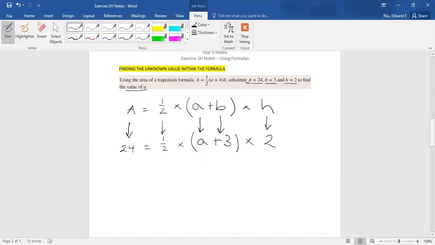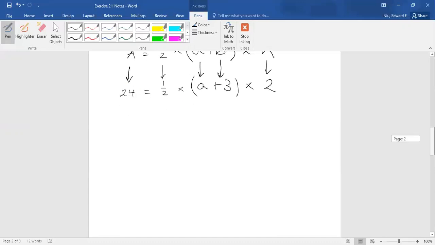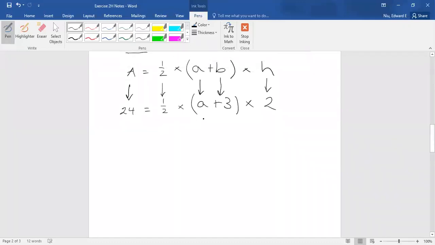We can't eliminate the brackets here because a and 3 are not like terms, so we can't add them together. What we can do is deal with the outside of the brackets. We've got half and times 2.